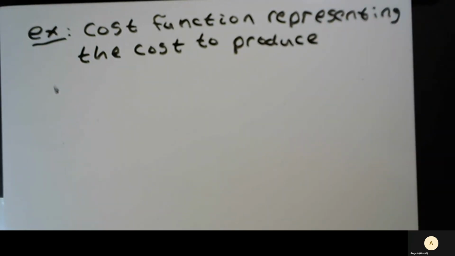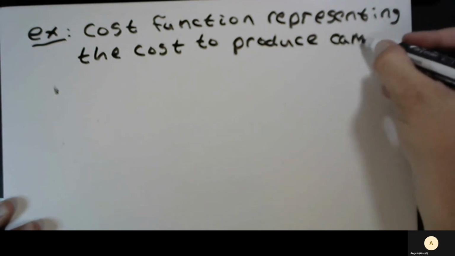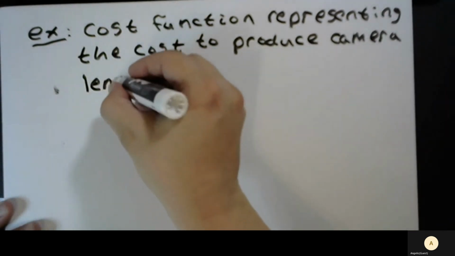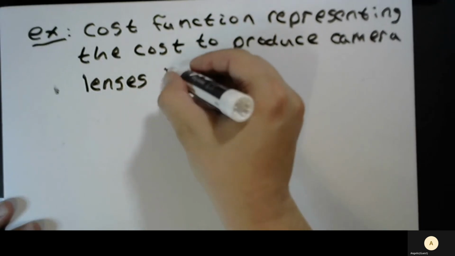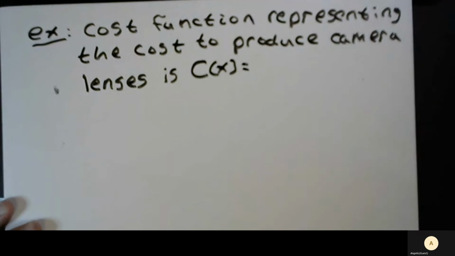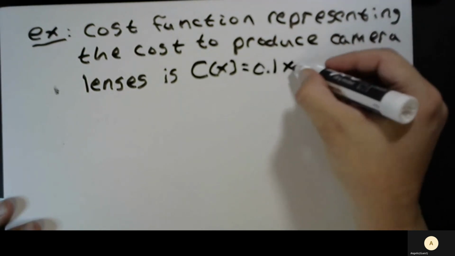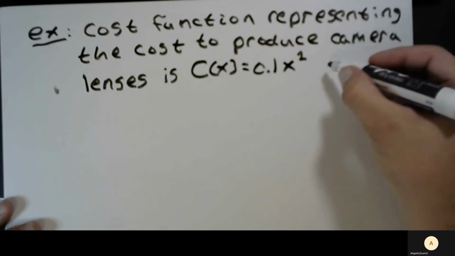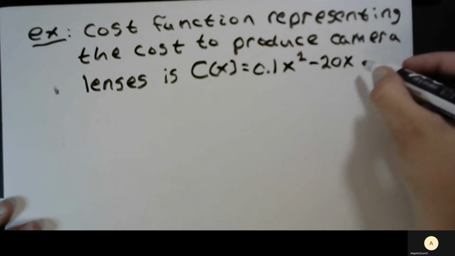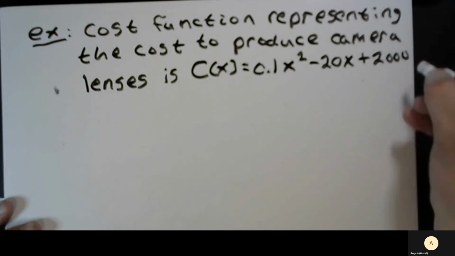Let's see here. I'll pull another homework question. Camera lenses is C of x equals 0.1x squared minus 20x plus 2000.